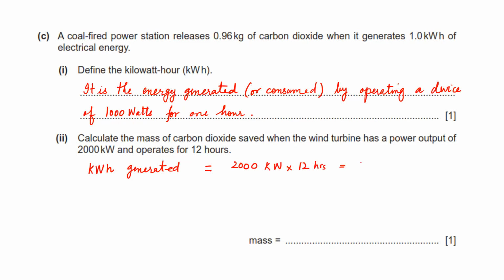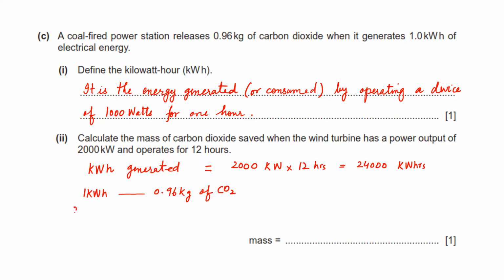This comes out to be 24,000 kilowatt hours. So 1 kilowatt hour gives 0.96 kilograms of carbon dioxide.